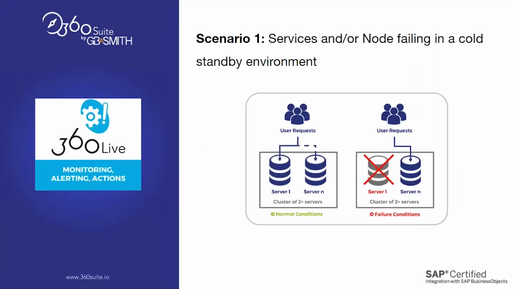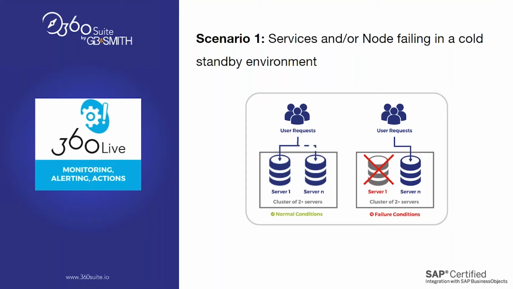To set the scene, a couple of scenarios which may seem relevant to you. The first one is for those of you who have a disaster recovery scenario of perhaps having a primary server, which is always running, and a secondary server, which is perhaps stopped on a cold standby.